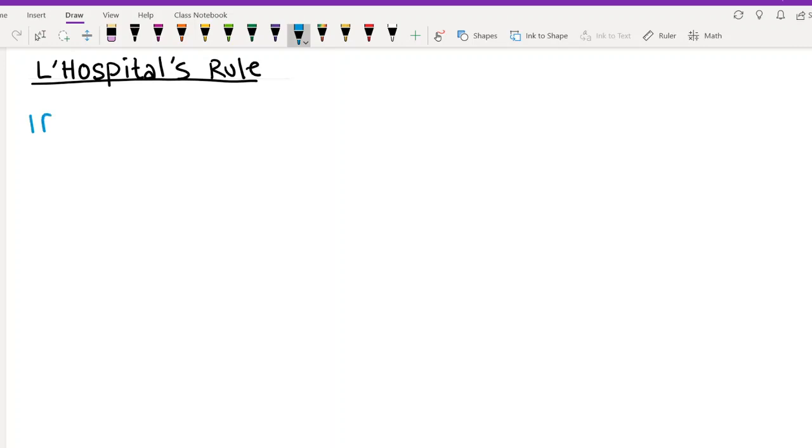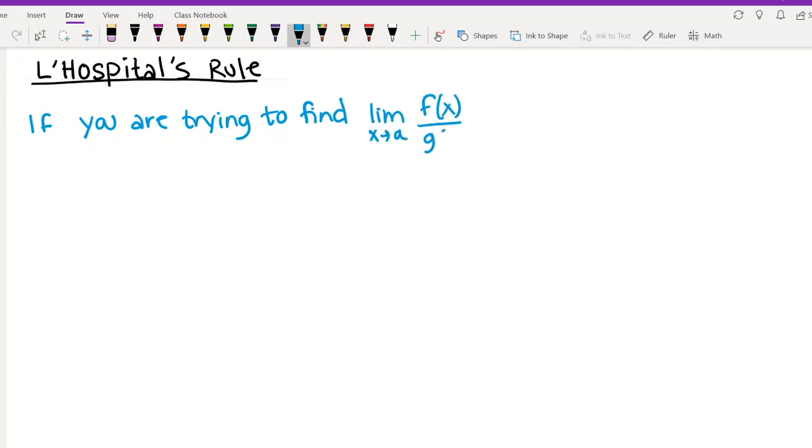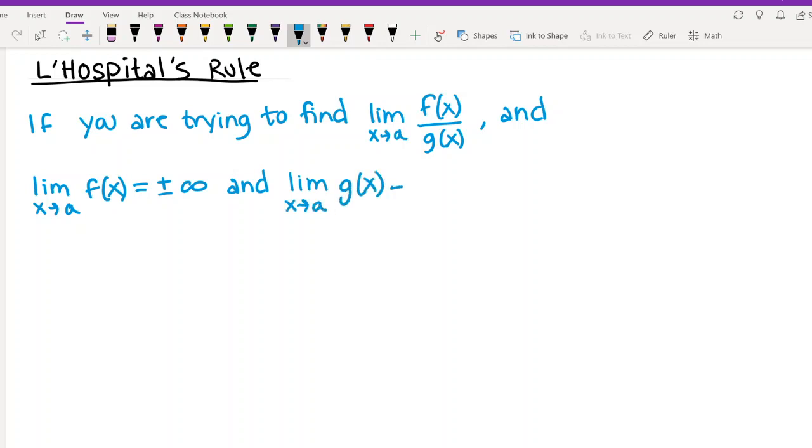So let me actually say it this way. If you are trying to find the limit as x approaches a of f of x over g of x, where the limit as x approaches a of f of x is equal to plus or minus infinity, and the limit as x approaches a of g of x is equal to plus or minus infinity.